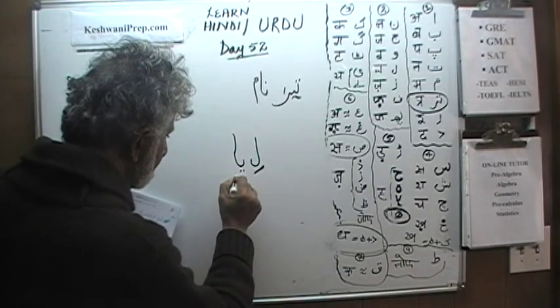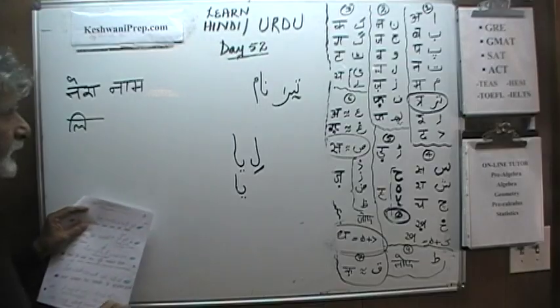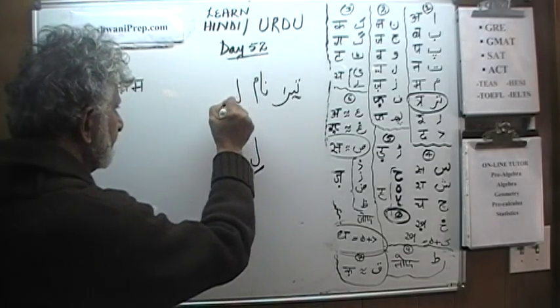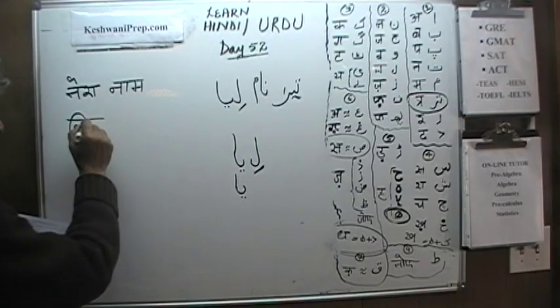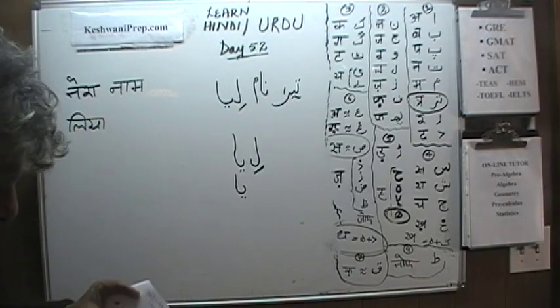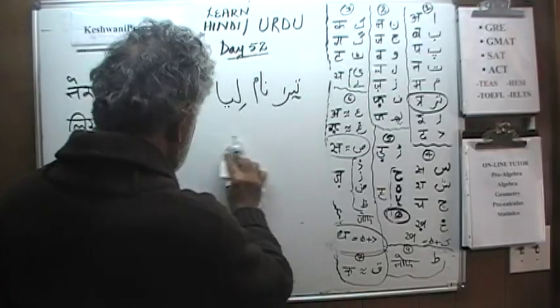This is ya, to which we combine the alif, ya. Let's put them together. Li, ya. Tera naam liya. That's what he says so far.